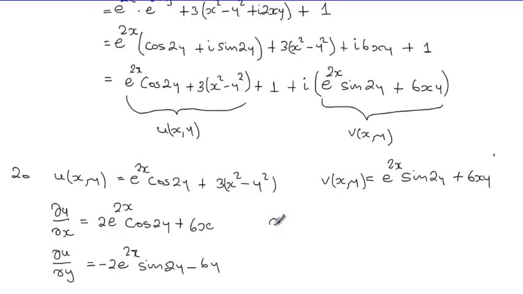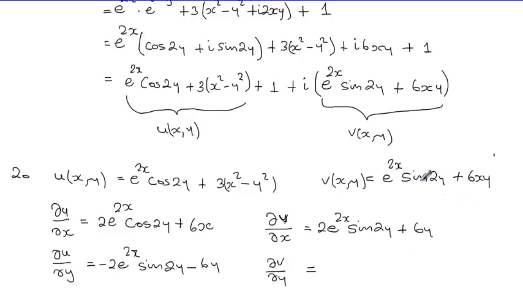And coming to v, delta v, delta x will give us again the same derivative we had there, which is going to be 2e to the power 2x sine 2y plus 6y. And delta v, delta y.